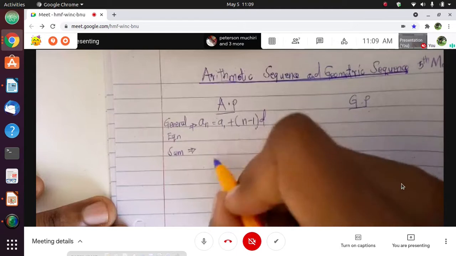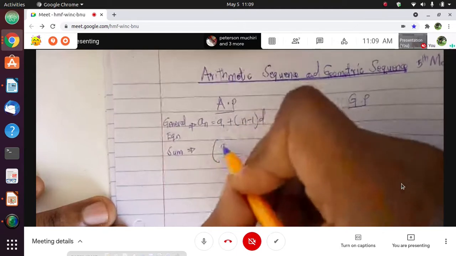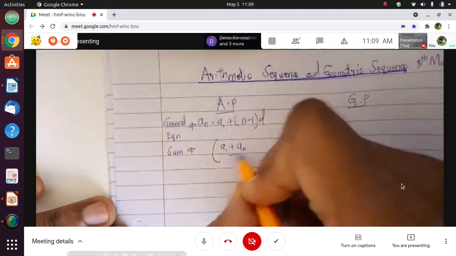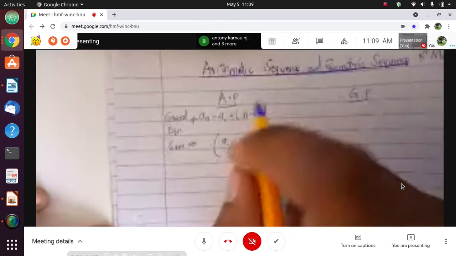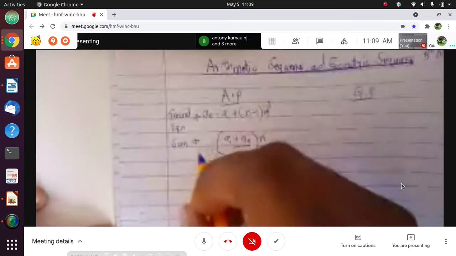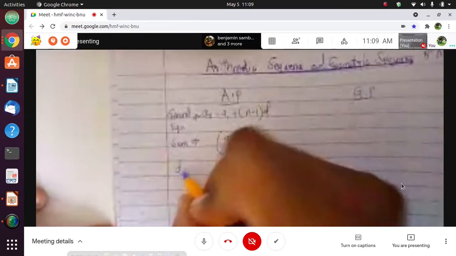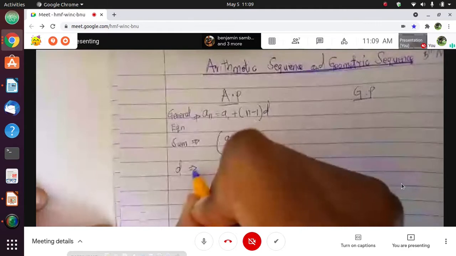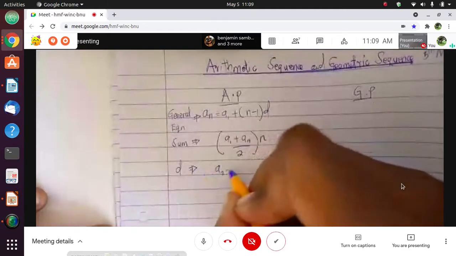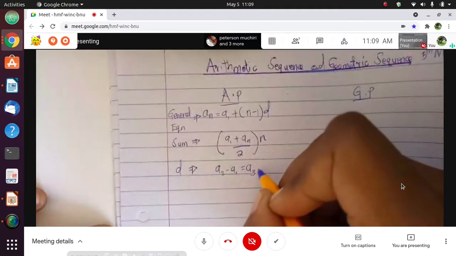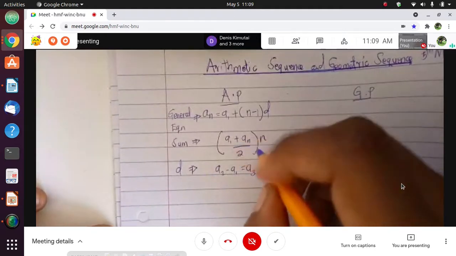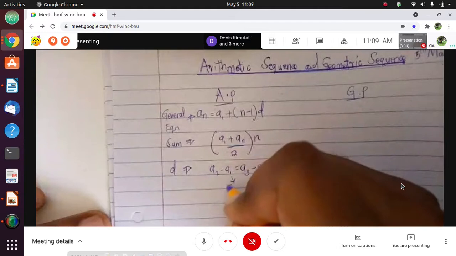Yeah. So the sum of an arithmetic progression ama sequence is a1 plus an divided by 2 multiplied by n. We will see what this n and d mean in a few. D is given by taking a2 minus a1, which should be equal to a3 minus a2. This is when you have successive terms.